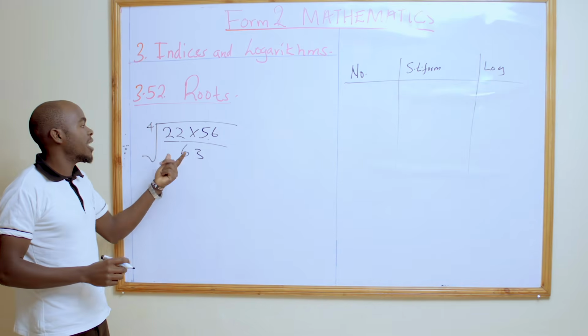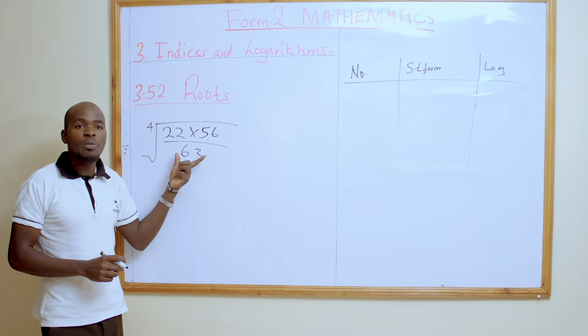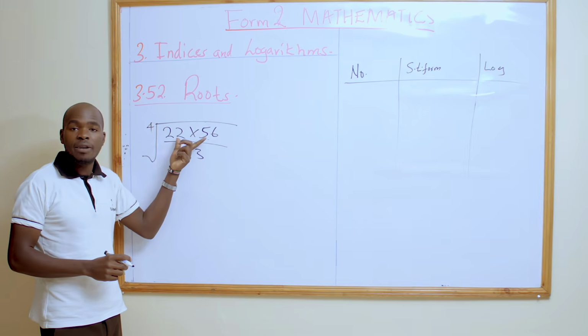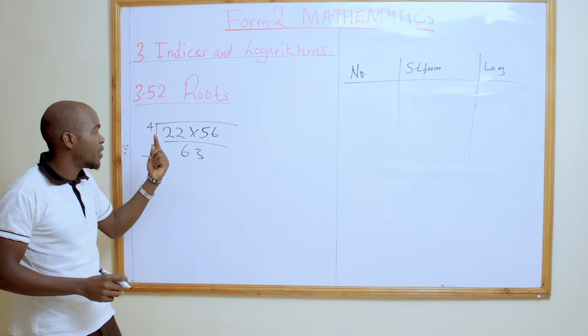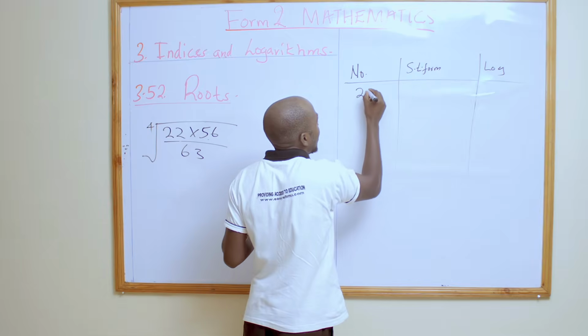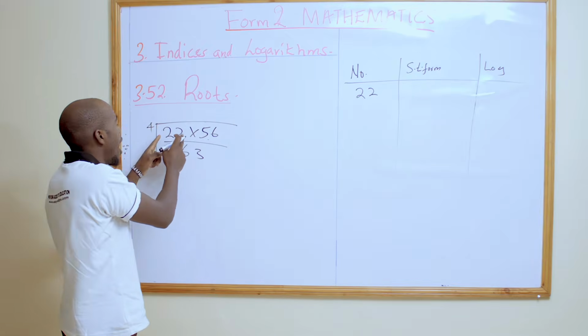And remember, we have said, in case you have this mathematical problem, you have to deal with the numerator first, then the denominator. For this case, we shall start with number 22.